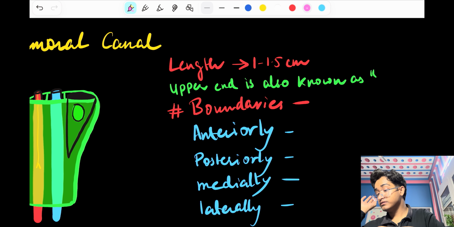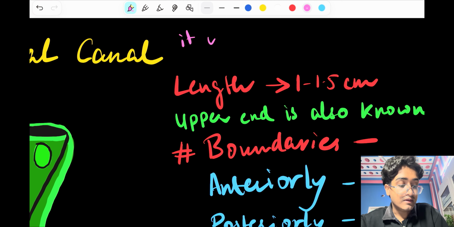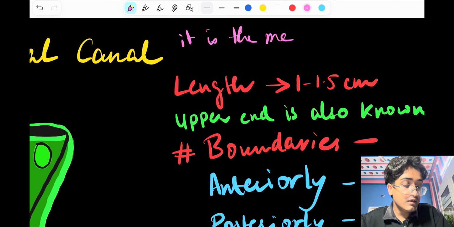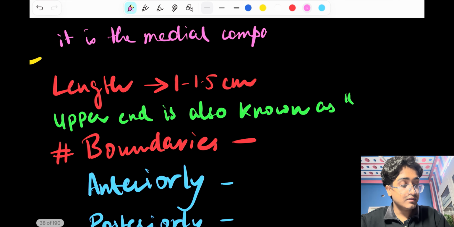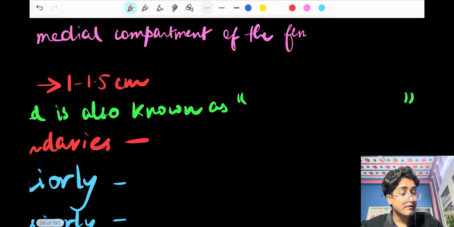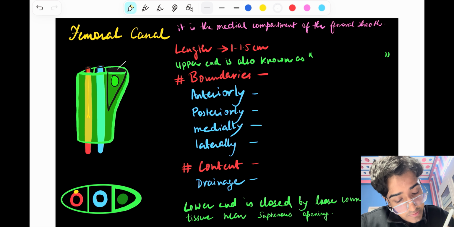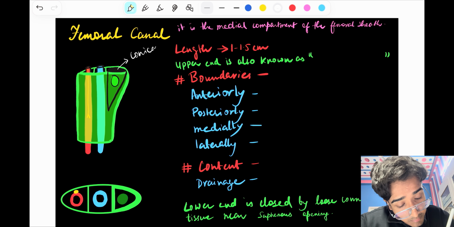Coming to its definition, it is the medial compartment of the femoral sheath. And you can see its shape is conical.